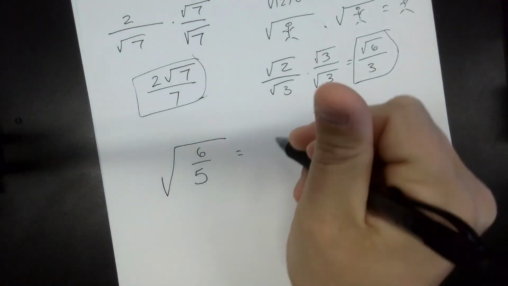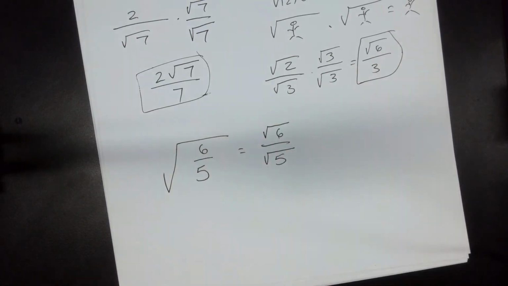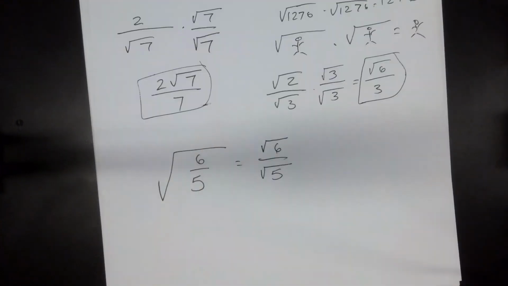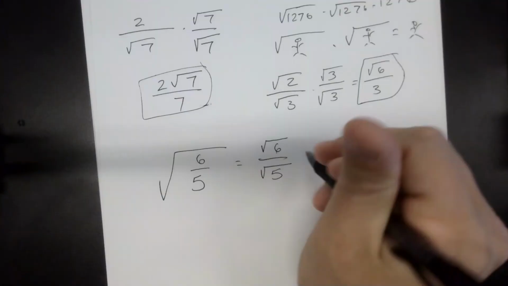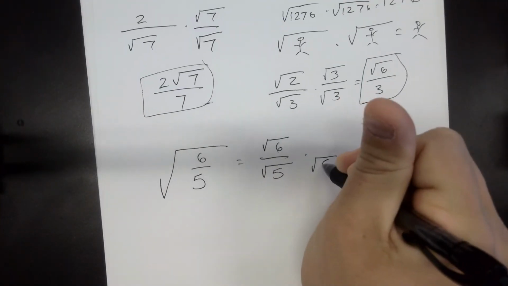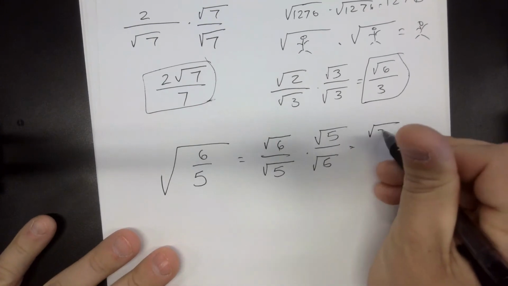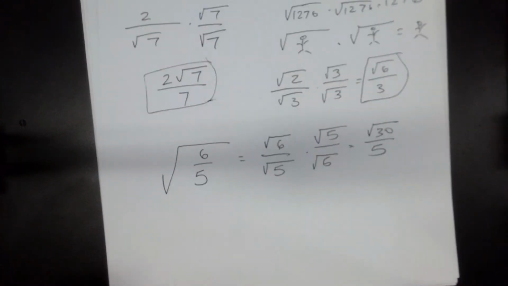This gets simplified down. Those two things are the exact same. And now we know how to solve this because we just did a problem. So, Corbin, what do? Multiply by the square root of 5, which gives us the square root of 30 over 5.